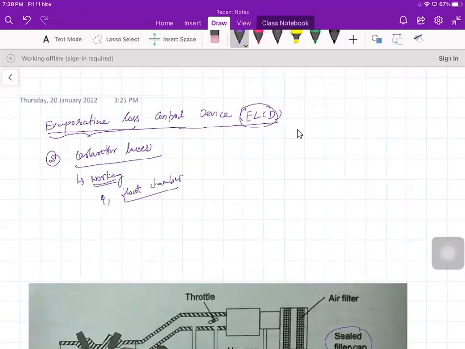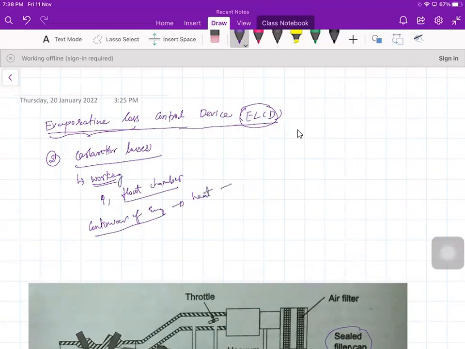Okay. Now again in the float chamber, so your carburetor, as I said in the fuel tank losses, because of continuous running of the engine, it will also produce heat.